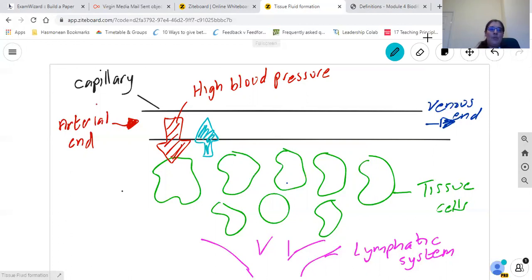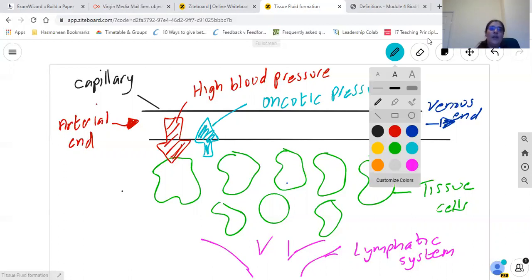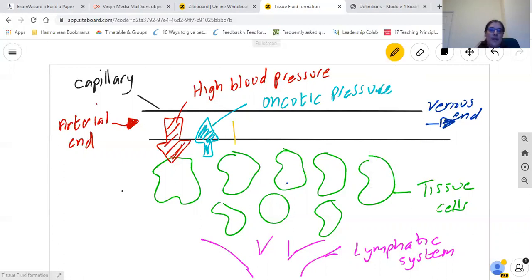But this oncotic pressure, you can see by the size of my arrows, is smaller than the blood pressure. So therefore, the net movement of substances is going to be in that direction. That's going to be your net movement.